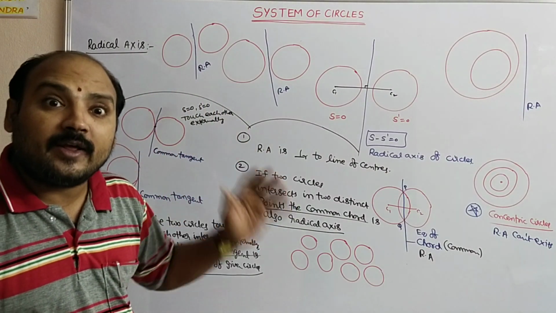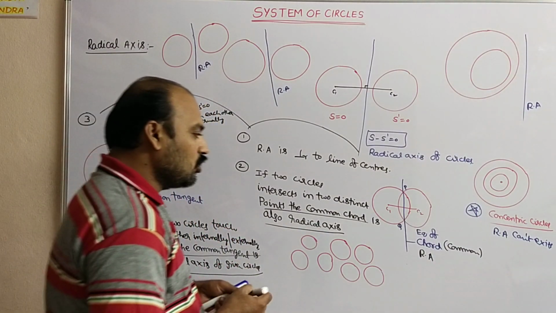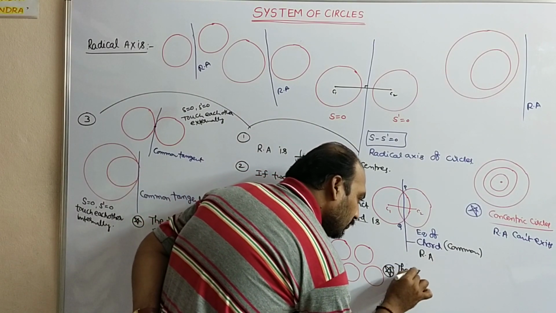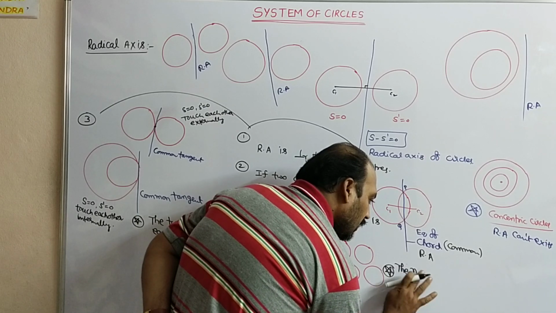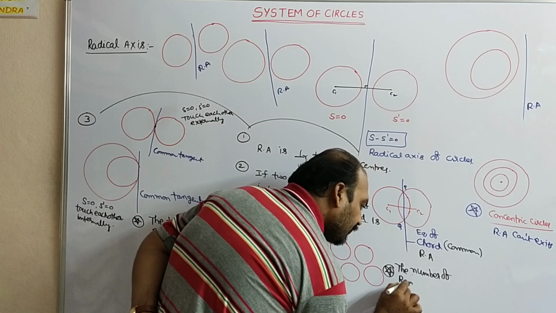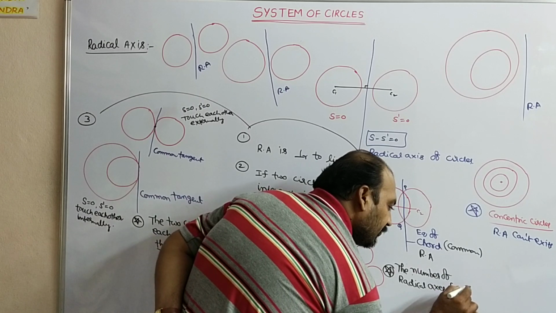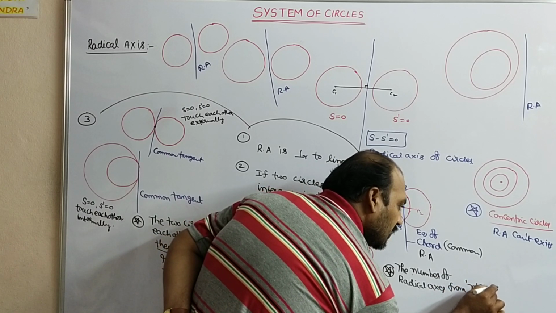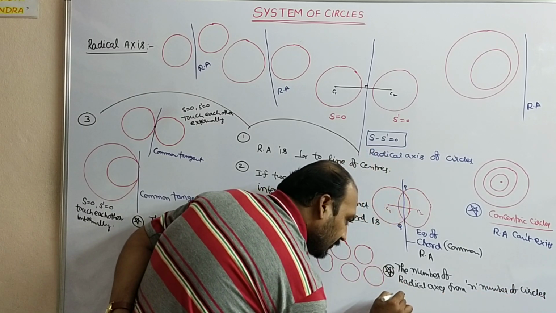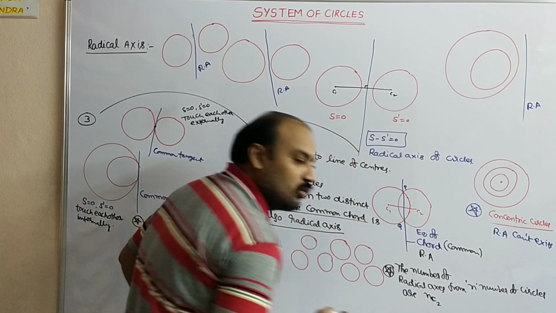The number of radical axes from n number of circles is nC2, a combination.